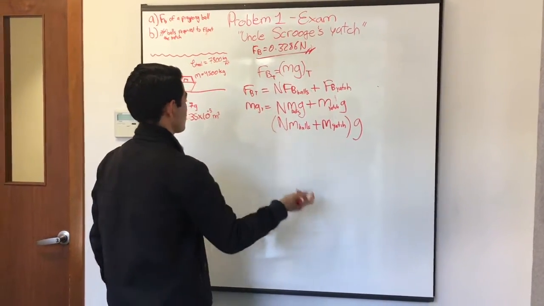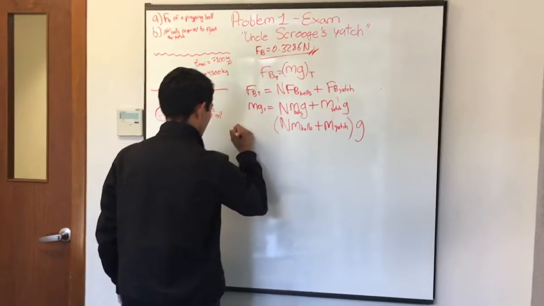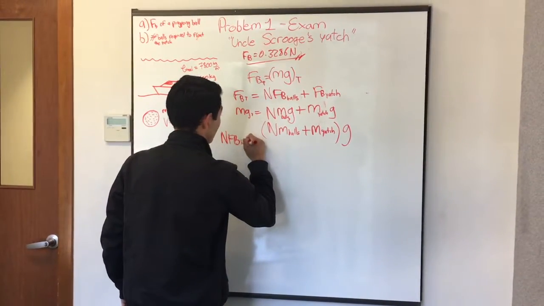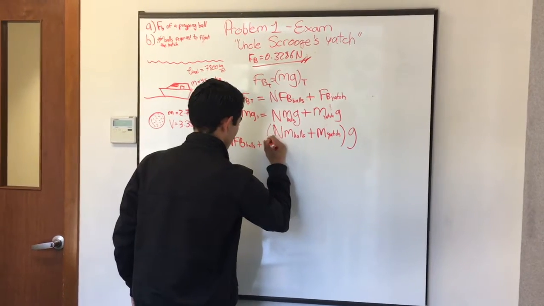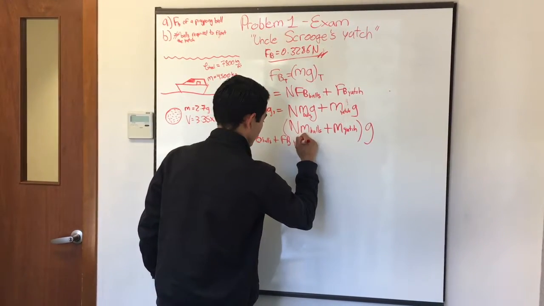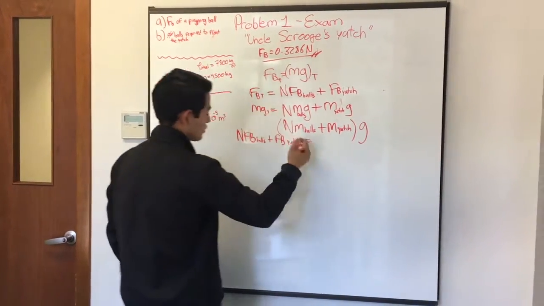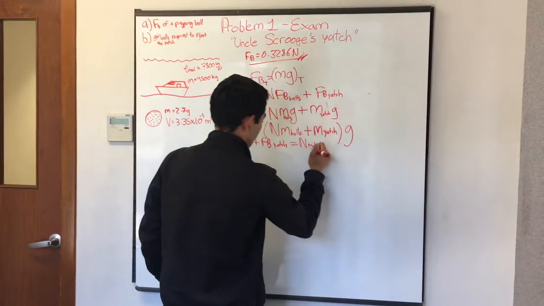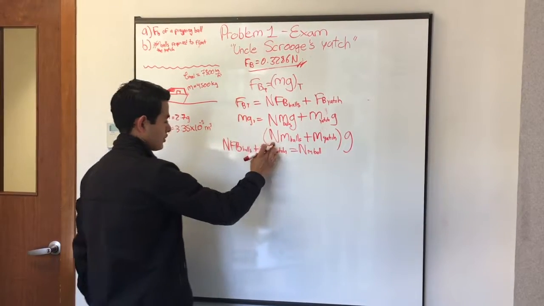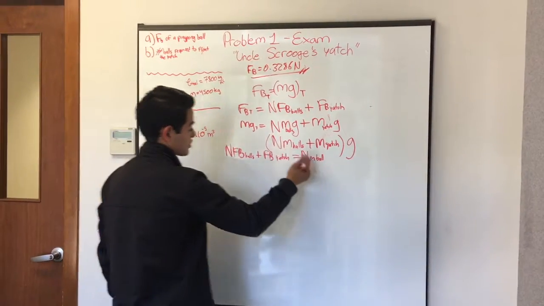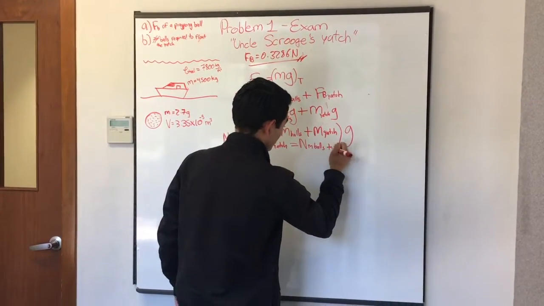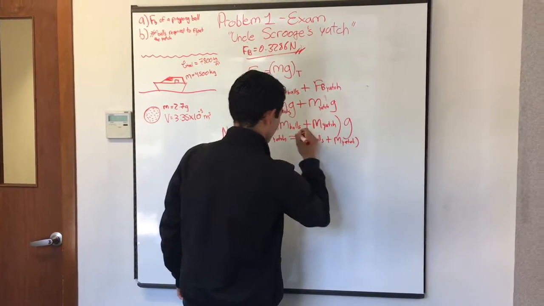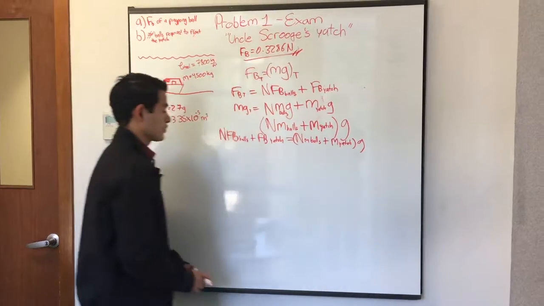So we will have that n times the buoyant force of each ball plus the buoyant force of the yacht is equal to the total number of balls times the mass of the balls plus the mass of the yacht, times the gravity.